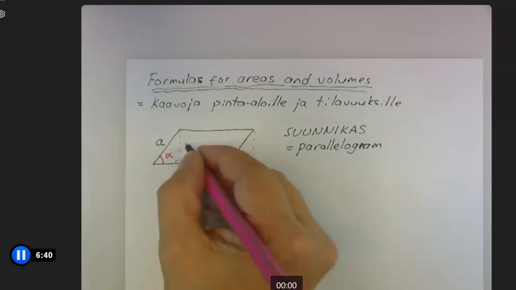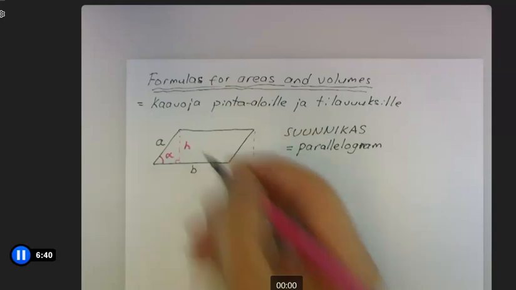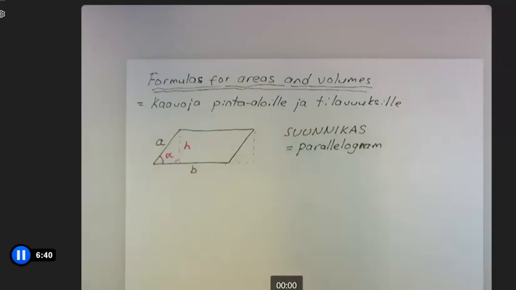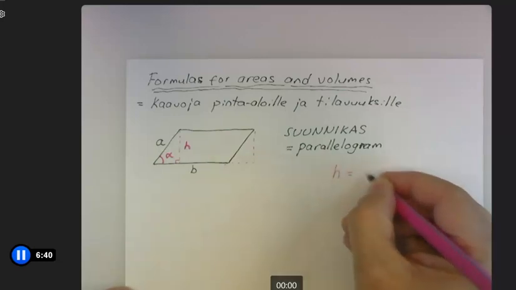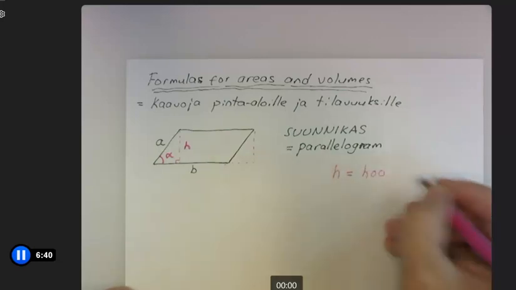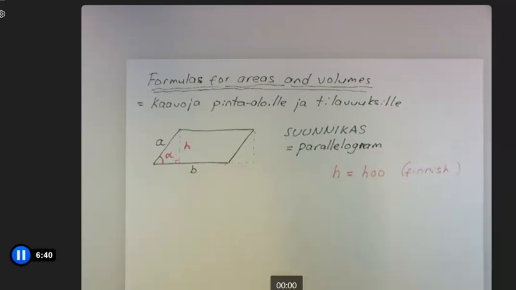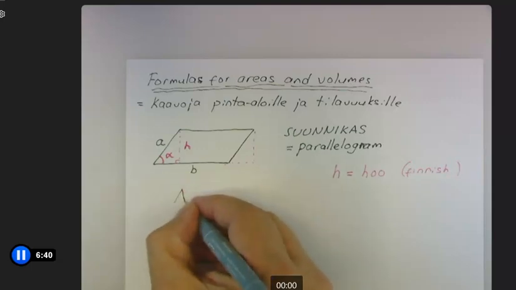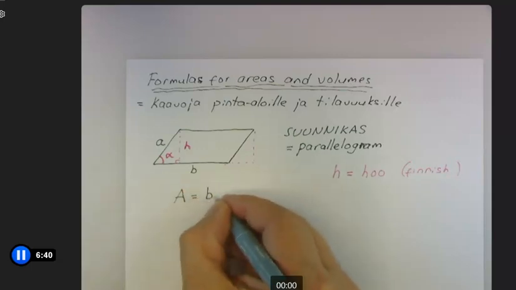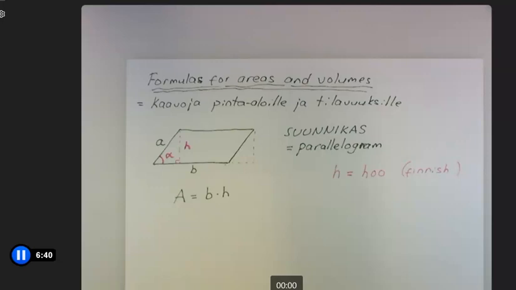So if we use letter H, H in Finnish, the area of this figure is B times H. The same formula as for rectangle would be.